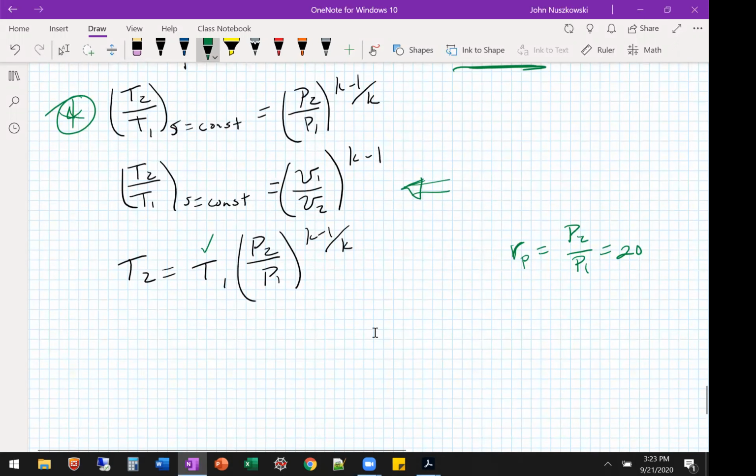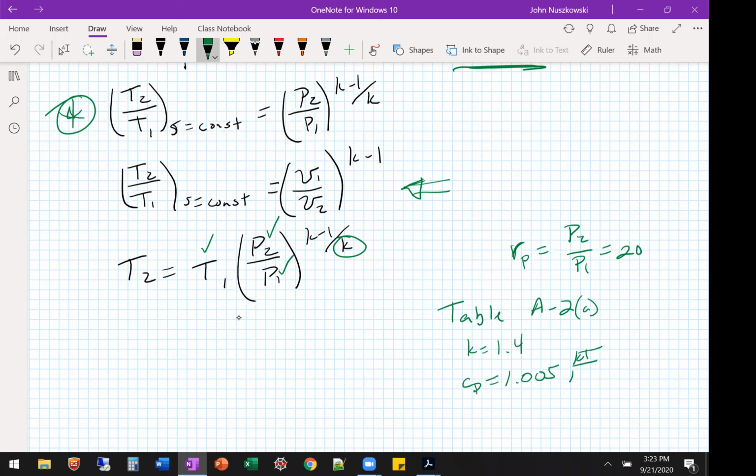All right, so we have P2, P1, our ratio of specific heats. This is where it's constant specific heats at room temperature, they told us, so we can use table A2A, and we get k equal to 1.4, and we can get our Cp, 1.005 kilojoules per kilogram Kelvin.